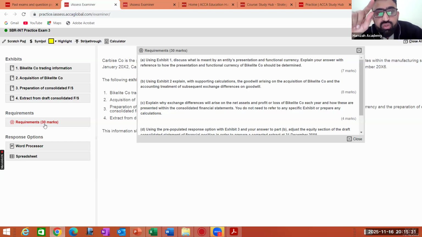You know that when we translate the balance sheet of the subsidiary, the assets and liabilities are translated using the closing rate, and the net asset at the date of acquisition is translated using the historical rate, and the items of the profit and loss, income and expenses, are translated using the average rate. Now, using three different rates in the same financial statement will give rise to an exchange difference, which could be a foreign exchange gain or foreign exchange loss.